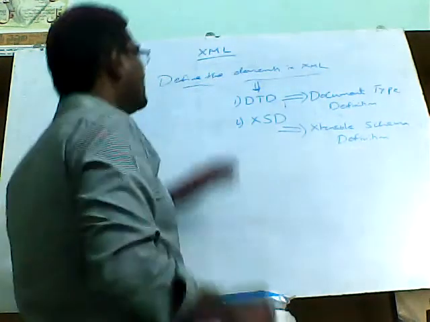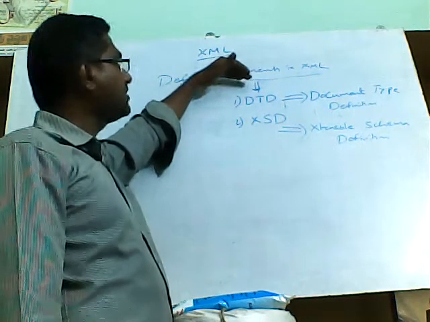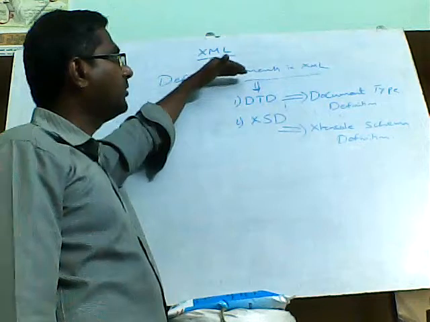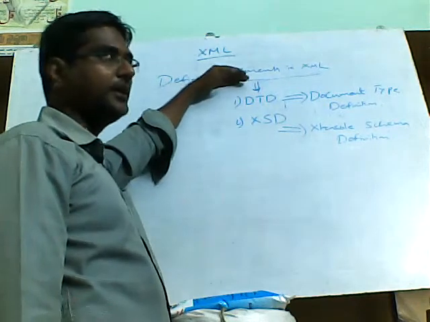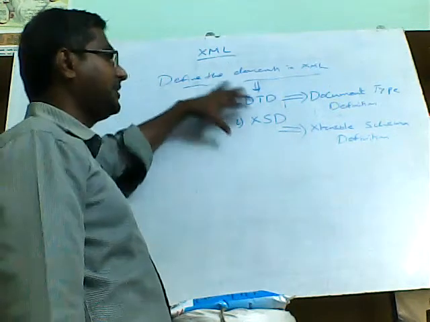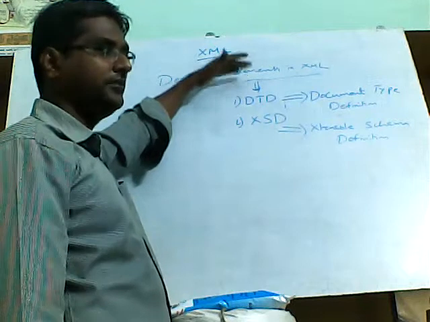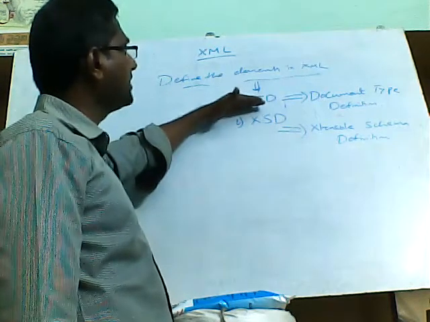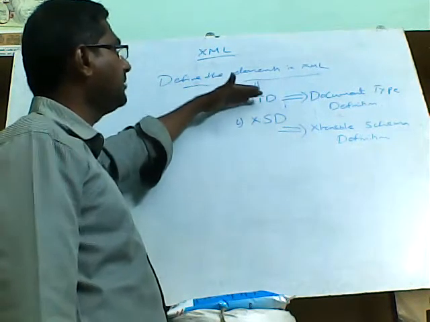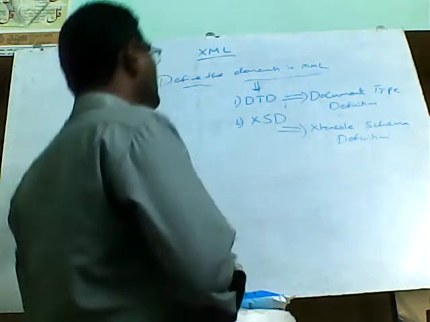If you want to describe an XML document, we have just seen how to write an XML document with the attributes, the elements, and the entity references. If you design any document, the document definition or description you can write by using DTD and XSD.